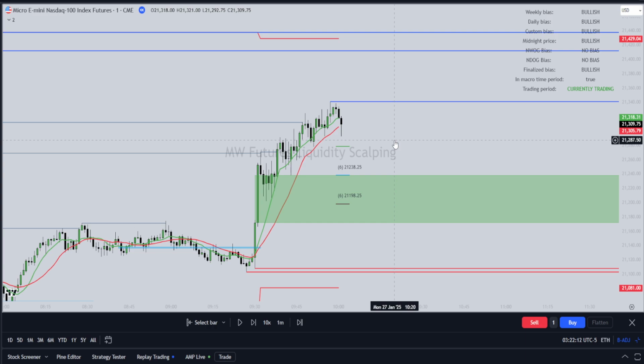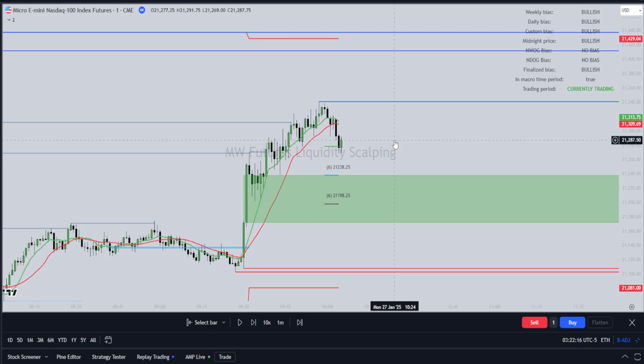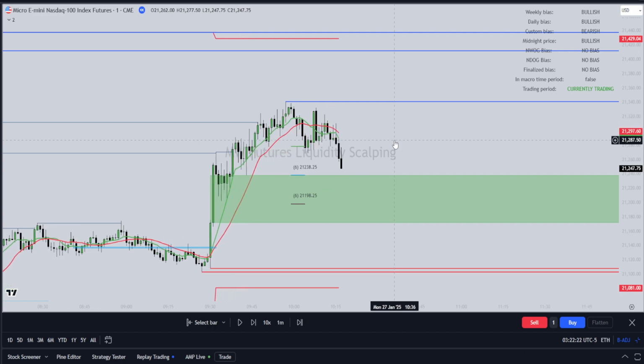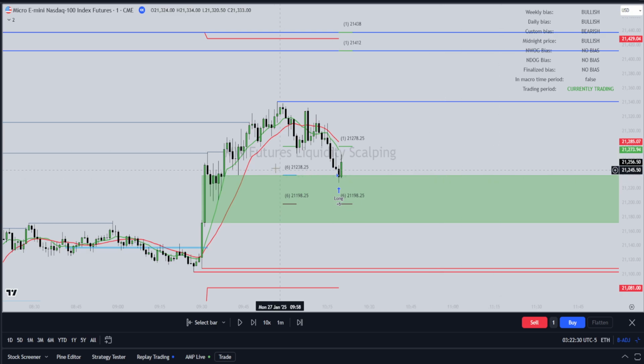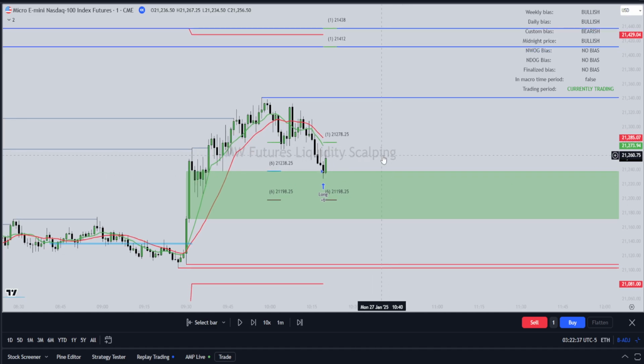So we get this signal, we place our limit order at 21,238.25, and it takes some time before we get tagged in, but then eventually at the 10:19 mark we are tagged in. We have a little bit of drawdown of around 9.5 handles.